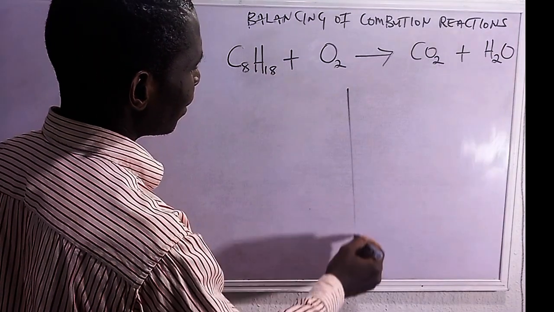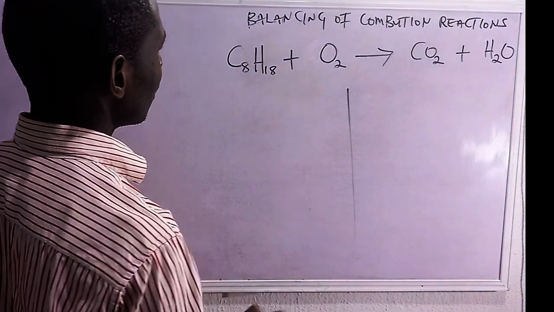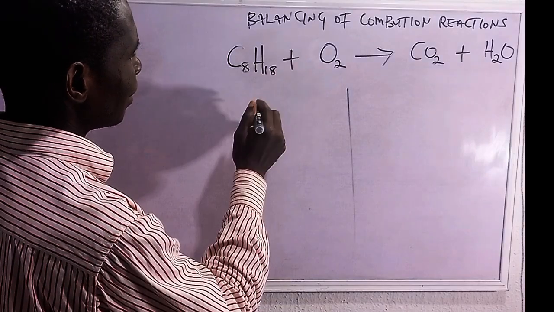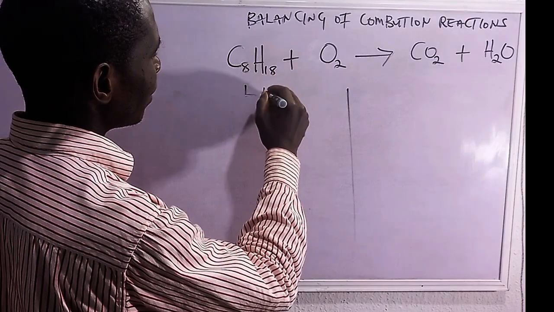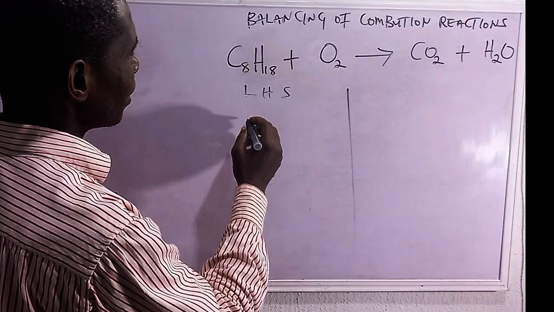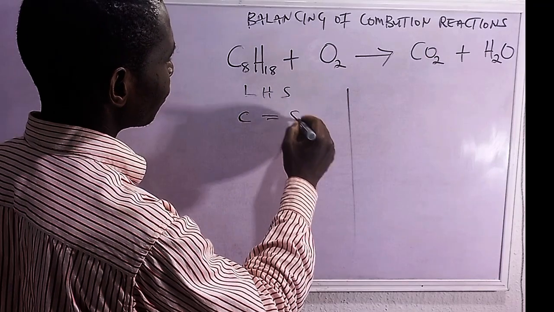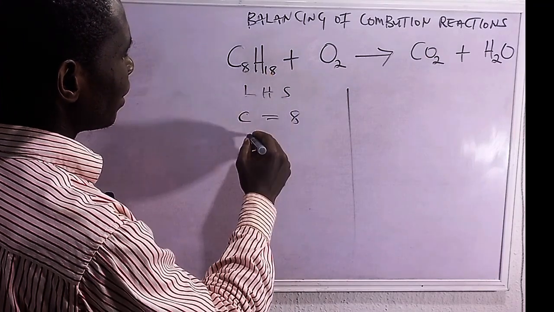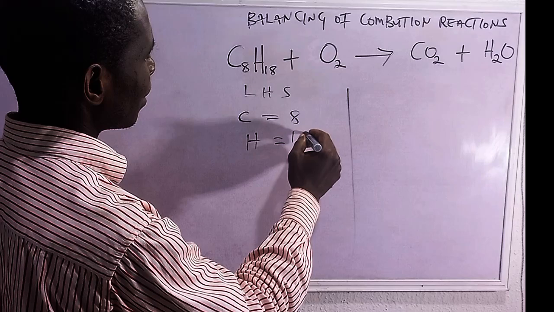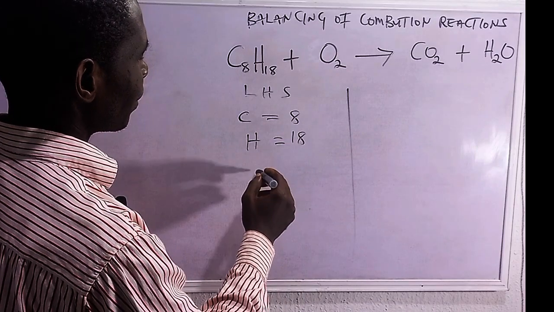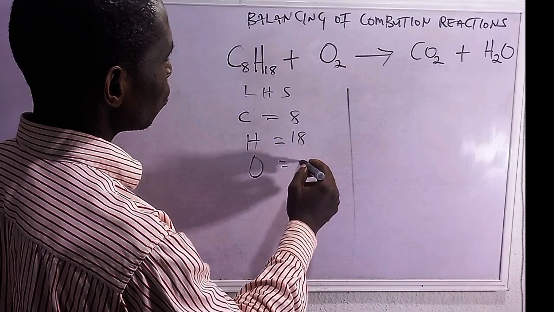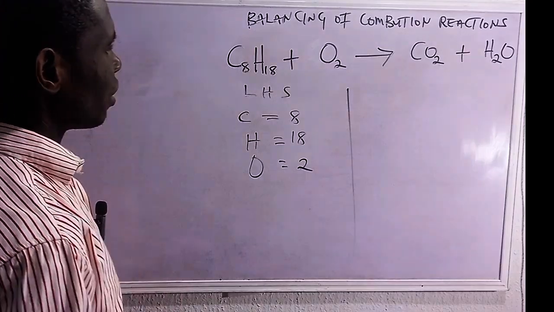At the left hand side, which is the reactant side, we have 8 carbon, we have 18 hydrogen, and we have 2 oxygen.